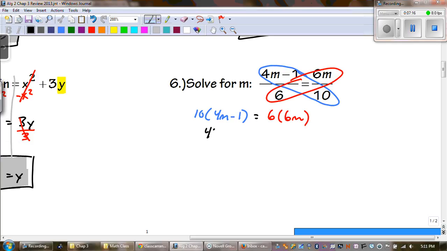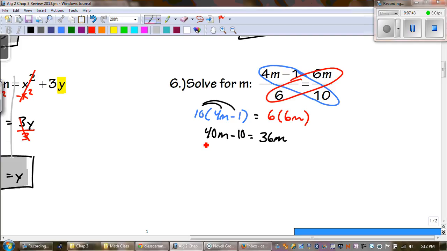So on the right side, we get 40m minus 1 equals 36m. Okay, so to get the m by itself, oh, I know what I just did right there. I got to distribute, Mr. Grice. It's 10.